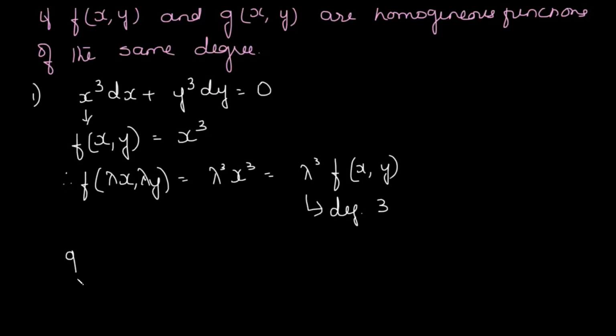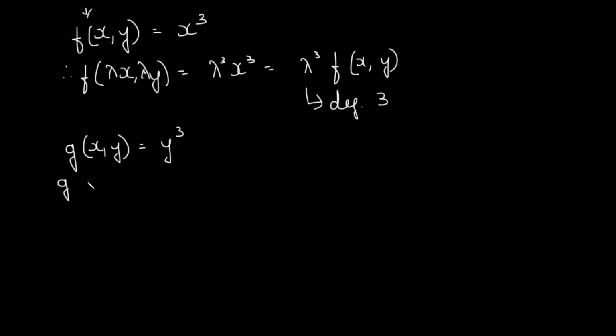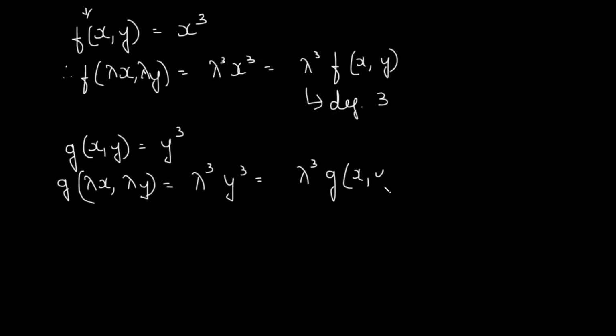What about this other function given here? Suppose we put it as g(x,y). g(x,y) is y cube, and in the same way, by now you must have guessed the answer. g of lambda x, lambda y is equal to lambda cube y cube, which is nothing but lambda cube into g(x,y). That means this is again a homogeneous function, and the degree of it is 3.